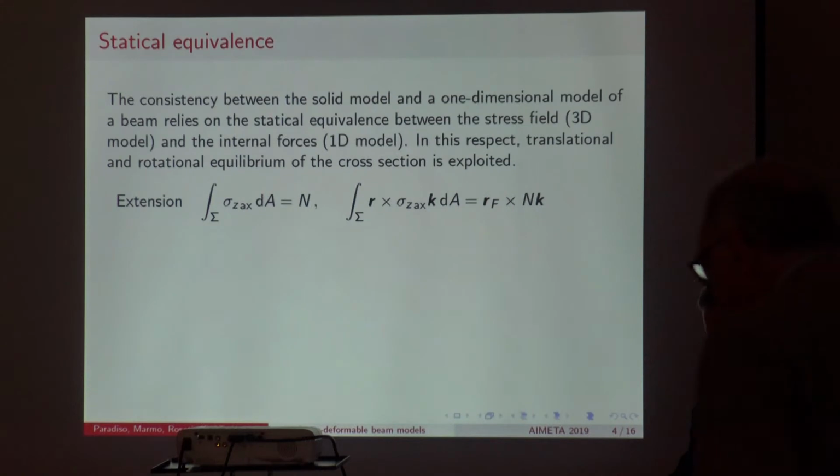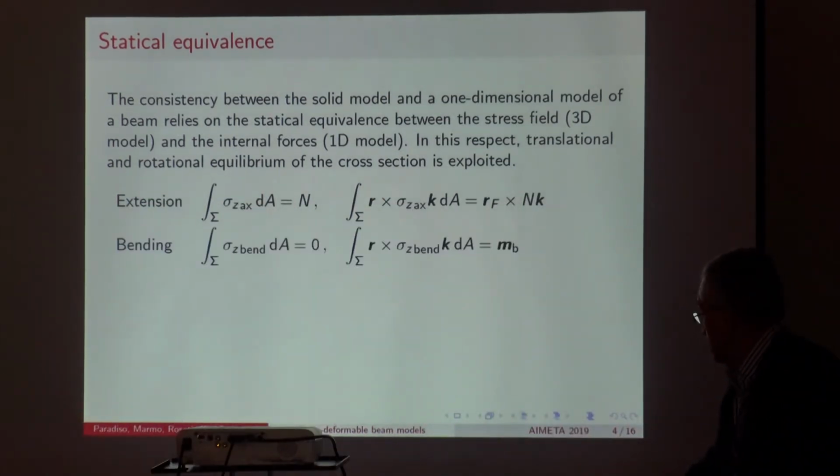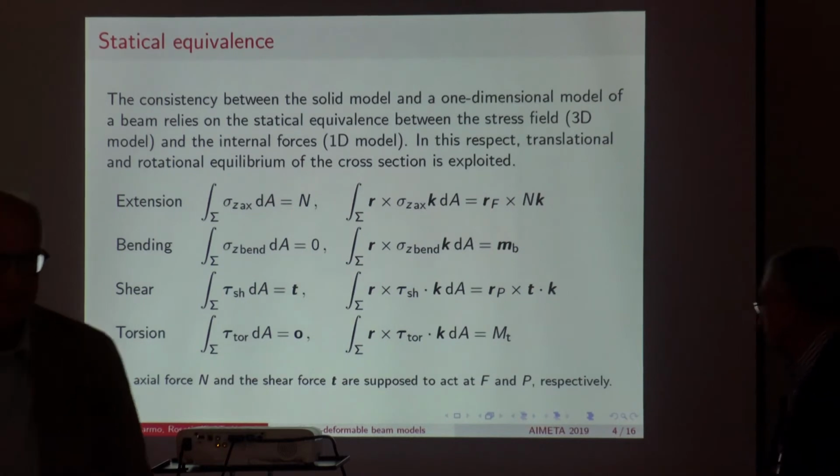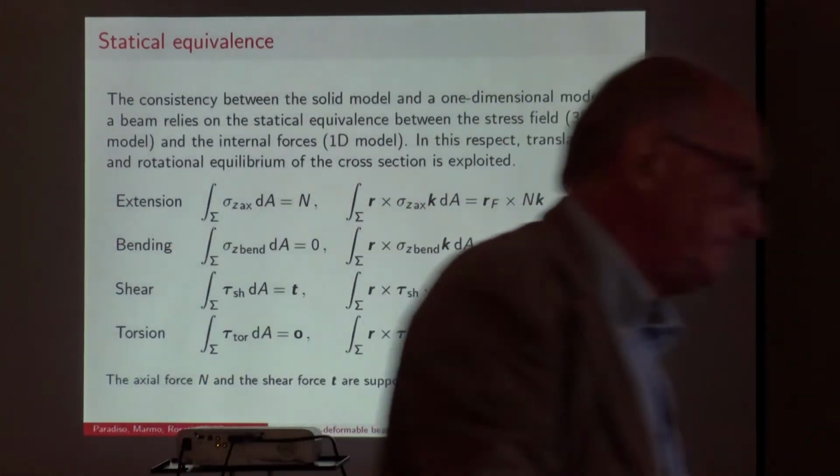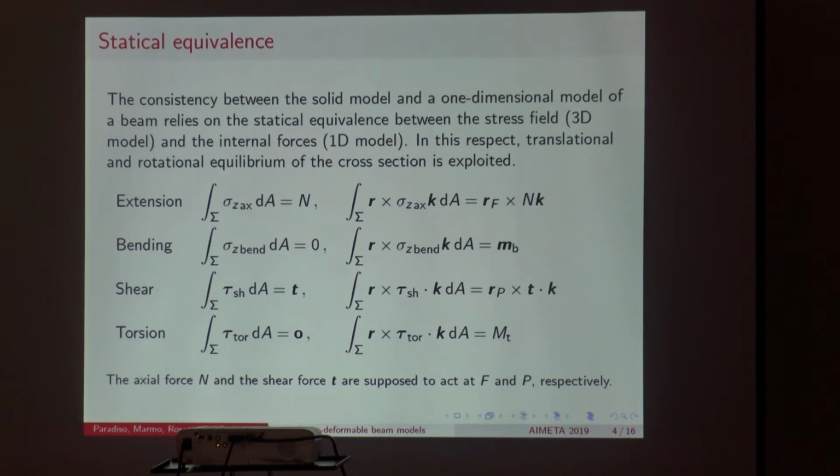These are standard definitions that we usually teach to our students. So you have your extension, bending, shear, torsion, and we are applying the axial force at the generic point F on the section, and the shear force at the point P. And this will be particularly important because we will find that the equivalence of the two models includes explicitly the position of the point P at which the transversal force T is applied.